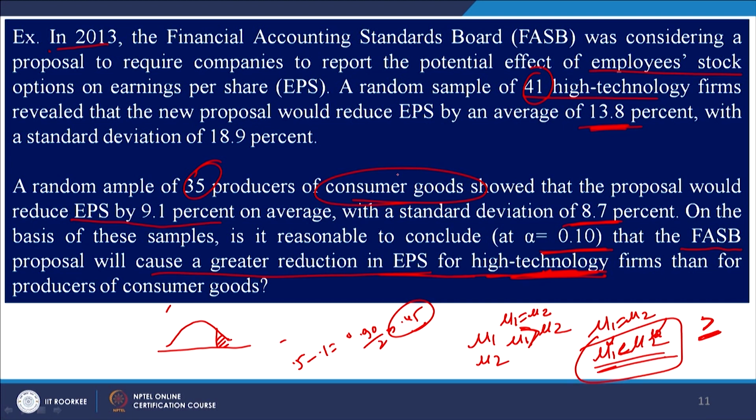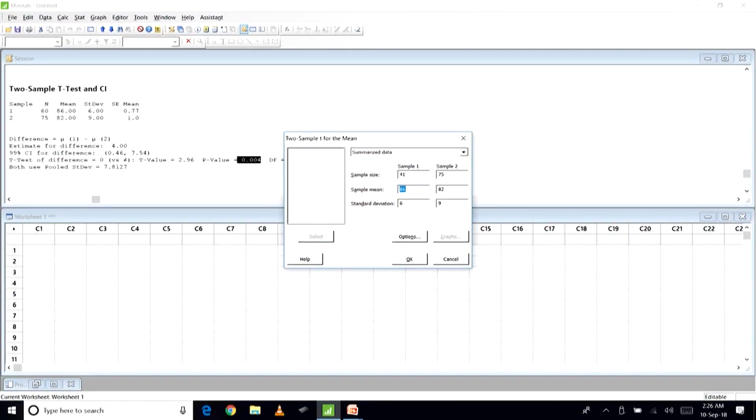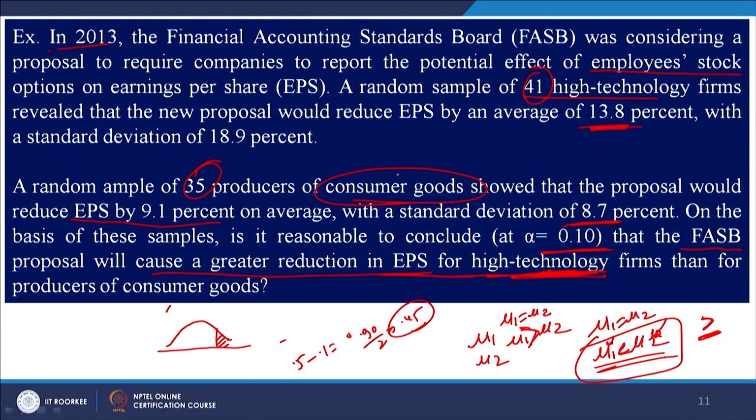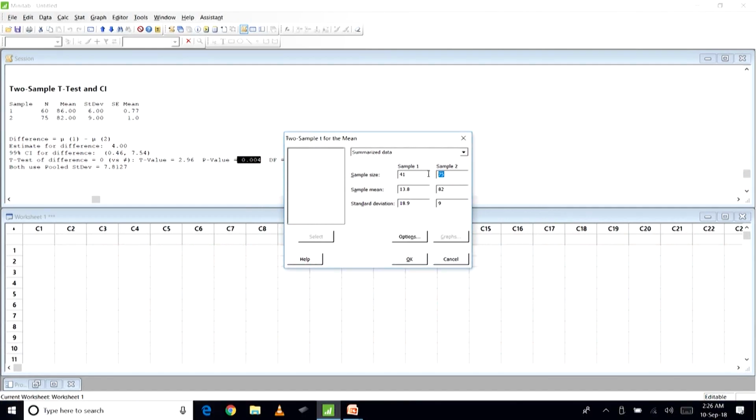So, 41, 13.8 and the third one is 18.9. Let us look at the data for sample 2, it is 35, 9.1 and 8.7. Right. Let us look at options.